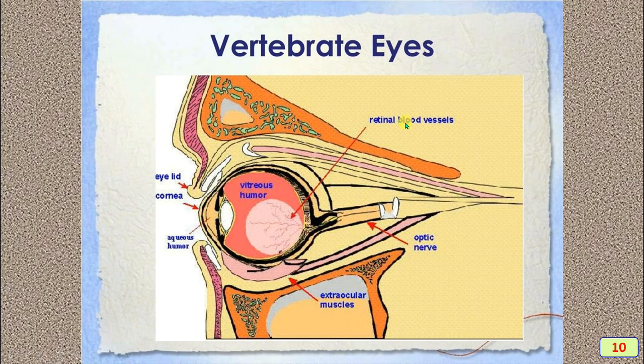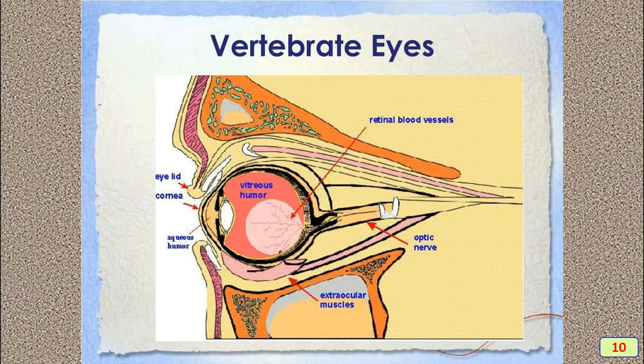The retinal blood vessels supply the eye, and the optic nerve carries the sensory impulses to the brain, where they are processed. So the eye is one of the important organs through which the animal is connected with the external world. Of course, the ears also support to some extent, but eyes are very important for the animals to have vision.